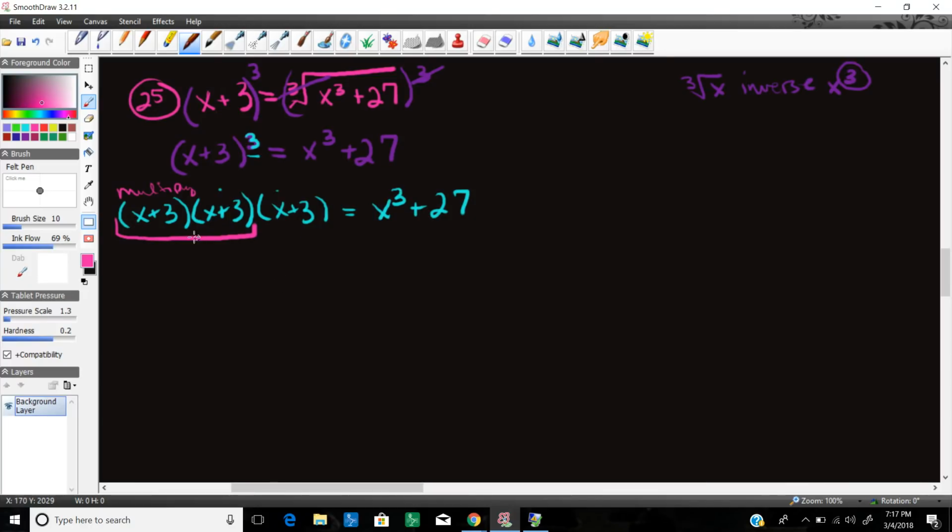So multiplying these first two, I would have x times x is x squared. X times 3 is plus 6x. Then I do the inside. 3 times x is plus 3x. And 3 times 3 is positive 9.